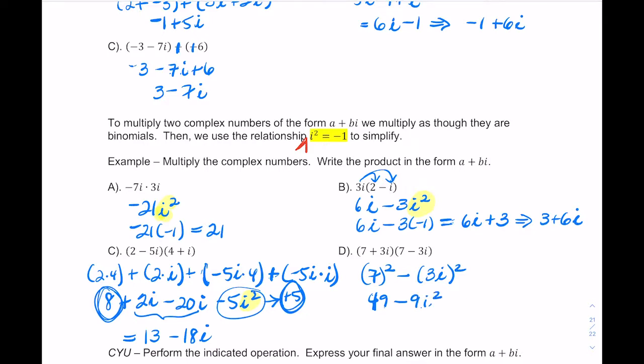And remember, anywhere there's an i squared, you're going to turn it into a negative 1. So this actually turns into 49 minus 9 times negative 1. So this would really turn into a plus 9. And 49 plus 9 gives me 58.